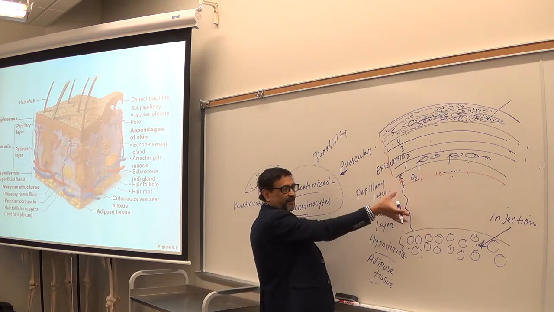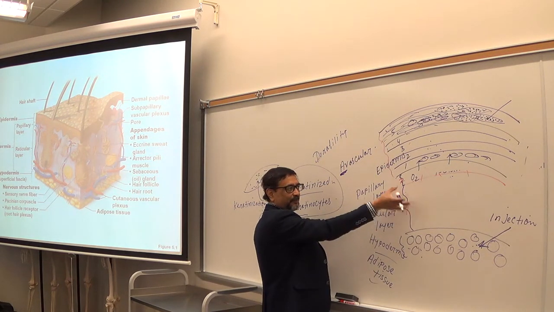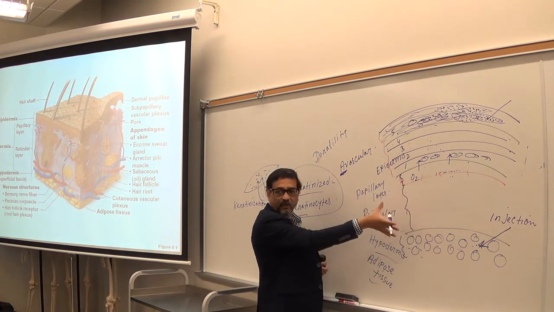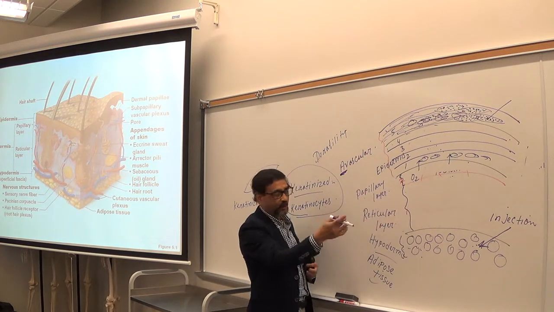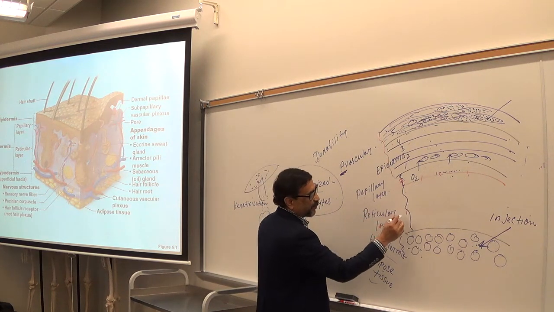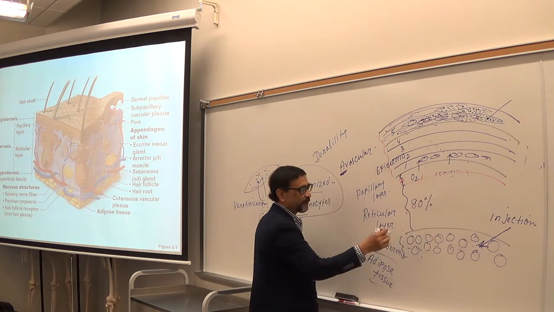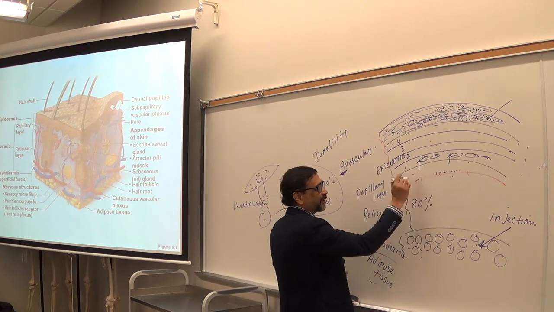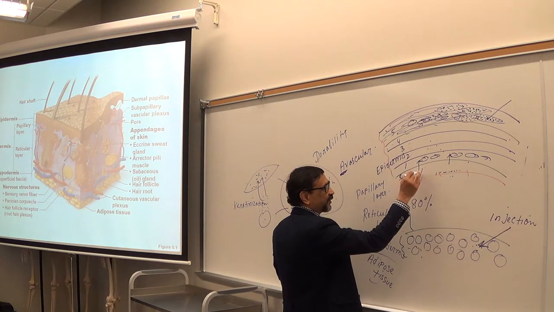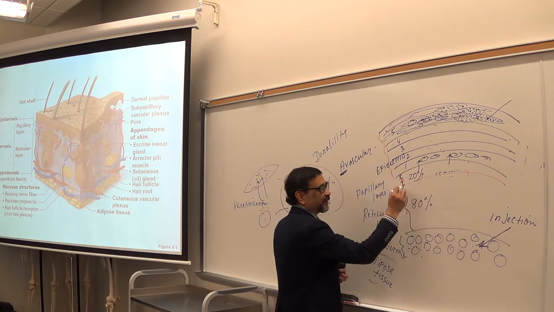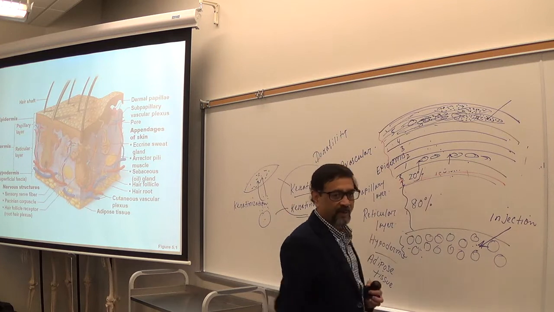Which one is thick? Reticular, much thicker, right? So reticular gives about 80% thickness of dermis, and papillary gives about 20% thickness. Okay? So these are the two layers of the dermis.